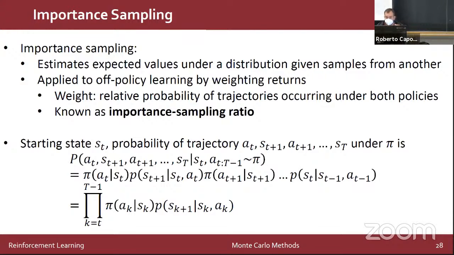Simply, if you look at what a trajectory is, the probability of a certain trajectory sampled from the policy is the product of the probability of selecting a certain action, multiplied by the probability of a certain transition, and so on and so forth, right? This is if you know the model.